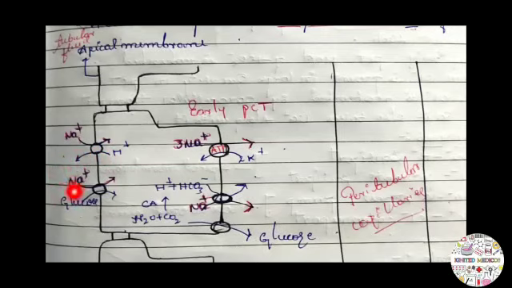Another method is the sodium glucose symport, where both sodium and glucose enter the PCT cells. This sodium which entered is exported out into the blood using ATP, by the sodium potassium ATPase pump, and some of the sodium also enters the blood via the bicarbonate and sodium symport.